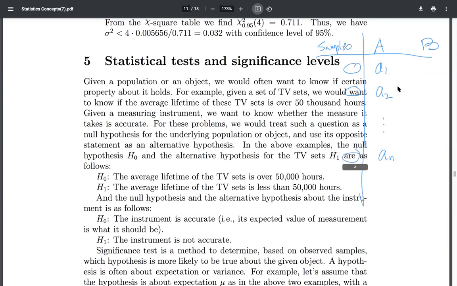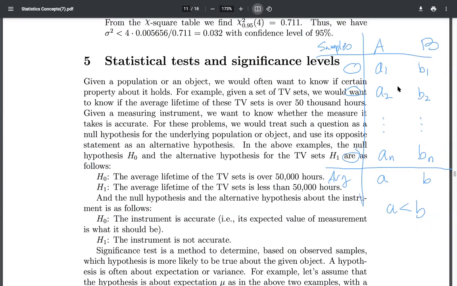For B, you also have B1, B2, up to BN. Let's say this is precision, or recall, or maybe just the F1 value. Then you compute an average, you get A and you get B. Let's assume A is less than B.